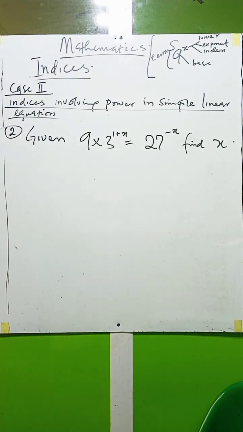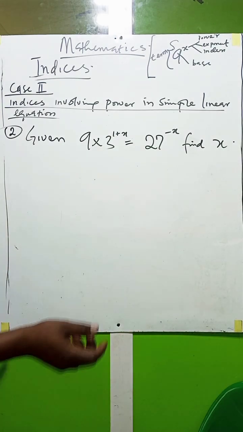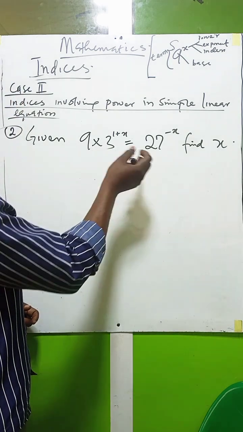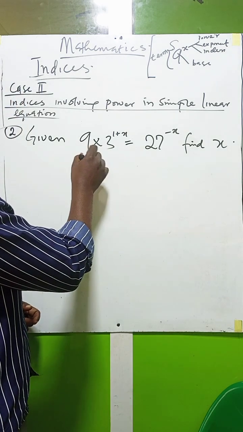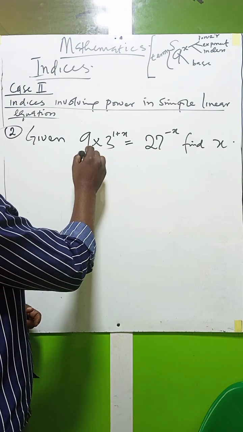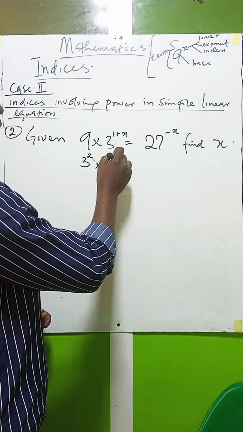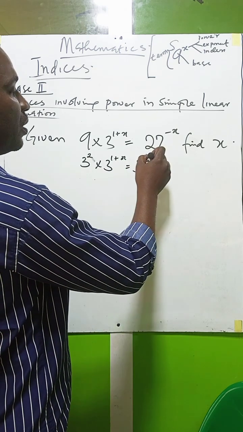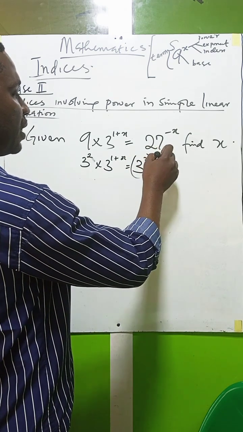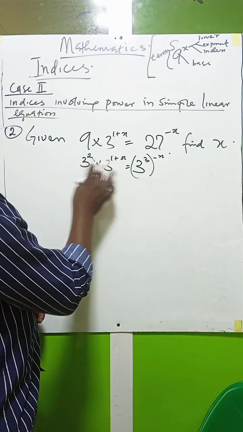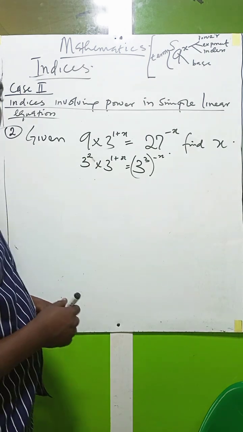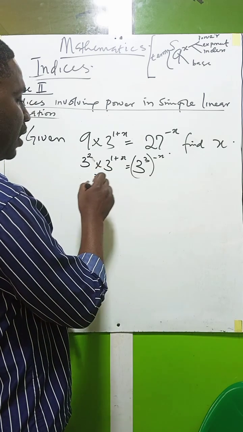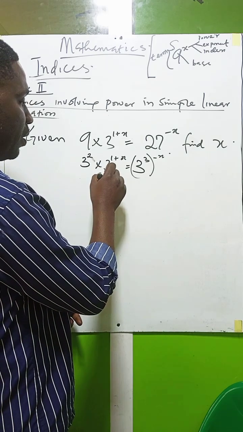So all we need to do is bring them down to a common base. 3 raised to power 2 is 9, so 9 times 3 raised to power 1 plus x equals 3 raised to power 3 bracket minus x. You can use the first law here to solve this. Take one of the threes, then add the powers, 1 plus x.